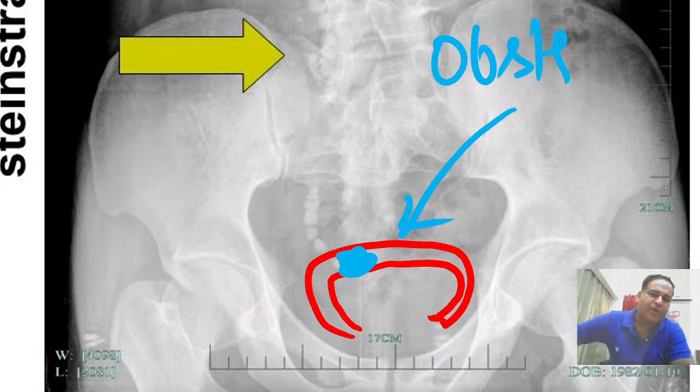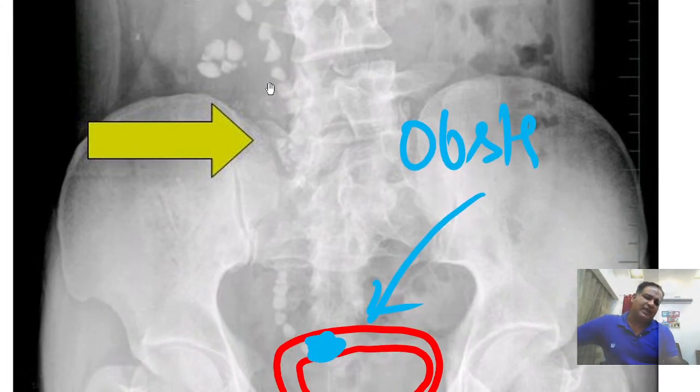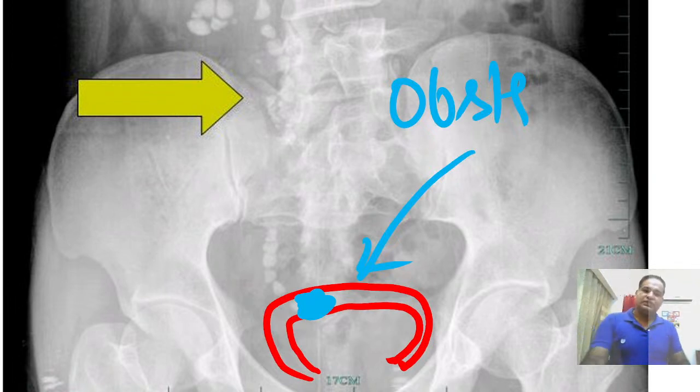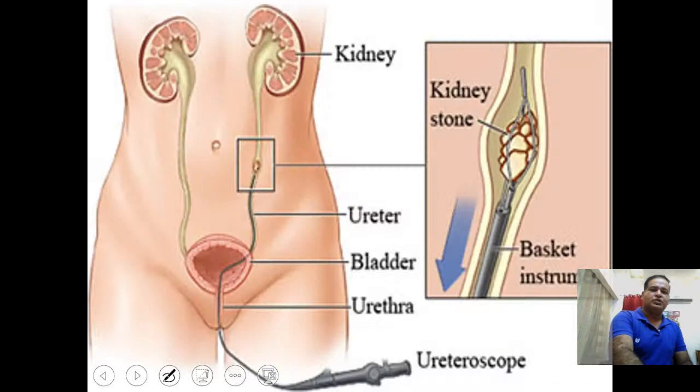So even if you break the big stone into small segments, until you remove this stone, the rest of the stones will not be able to pass into the urinary bladder. So they keep on waiting in the ureter to finally pass into the urinary bladder. That is called Steinstrasse. Right? Stone street.